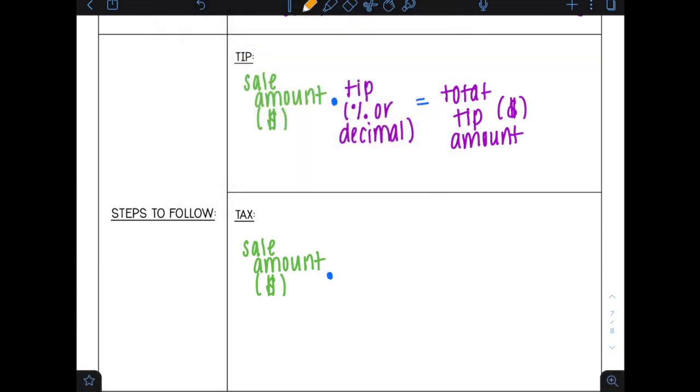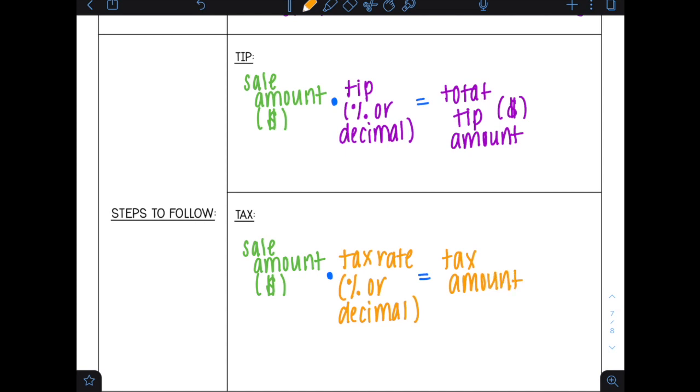So depending on, again, what state you're in, you're going to take the tax rate, that percentage or decimal. You're going to multiply it. You're going to get the tax amount in terms of dollars. So that's step one when you're finding the tax.